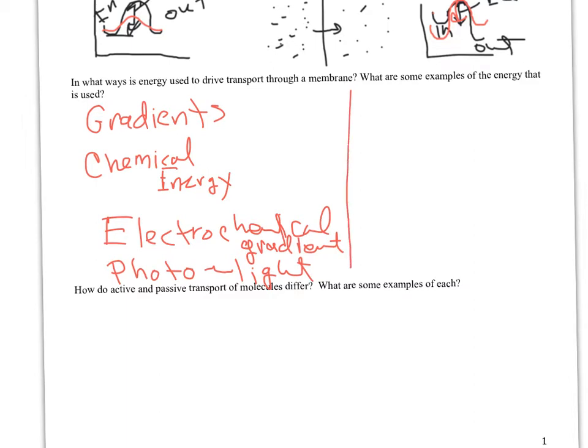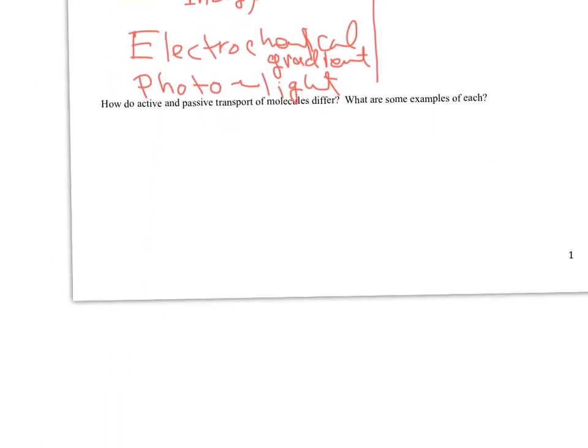Now, along the lines of energy, how do active transport and passive transport differ? Well, it turns out that I think it may be just a matter of semantics or wording, but I hear a lot of times that people will say that active transport requires energy, whereas passive transport does not.